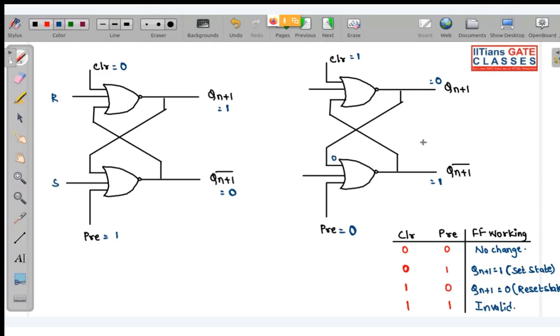But we know, except for invalid state or hold state, whenever we had different input configurations, if one of the normal inputs is 0, your complemented will be just the opposite of that one.